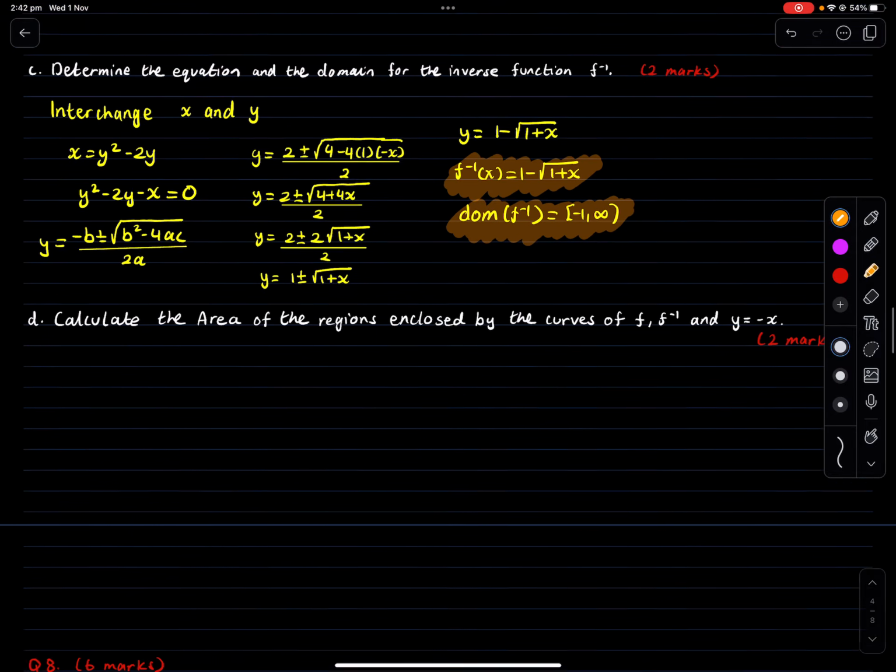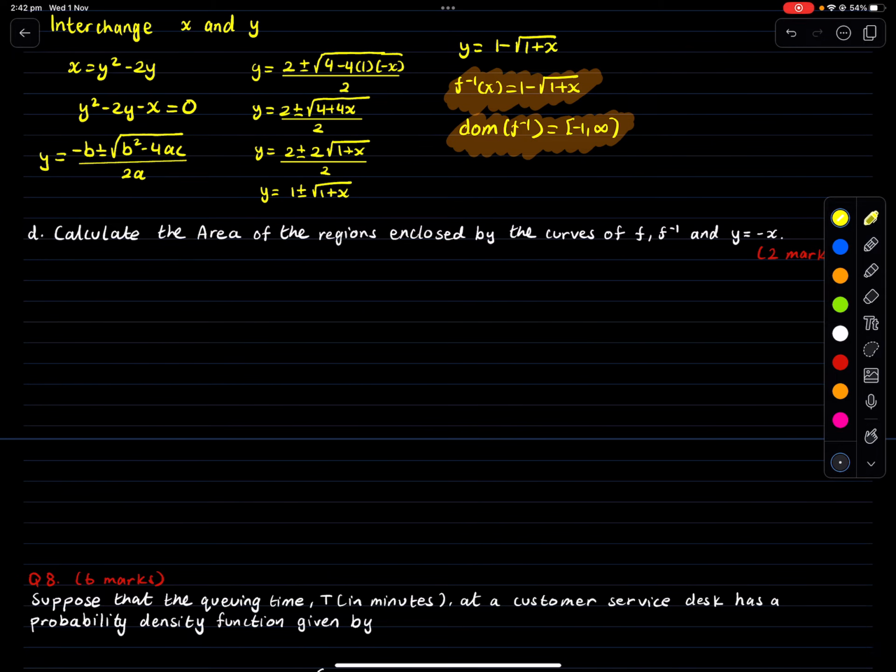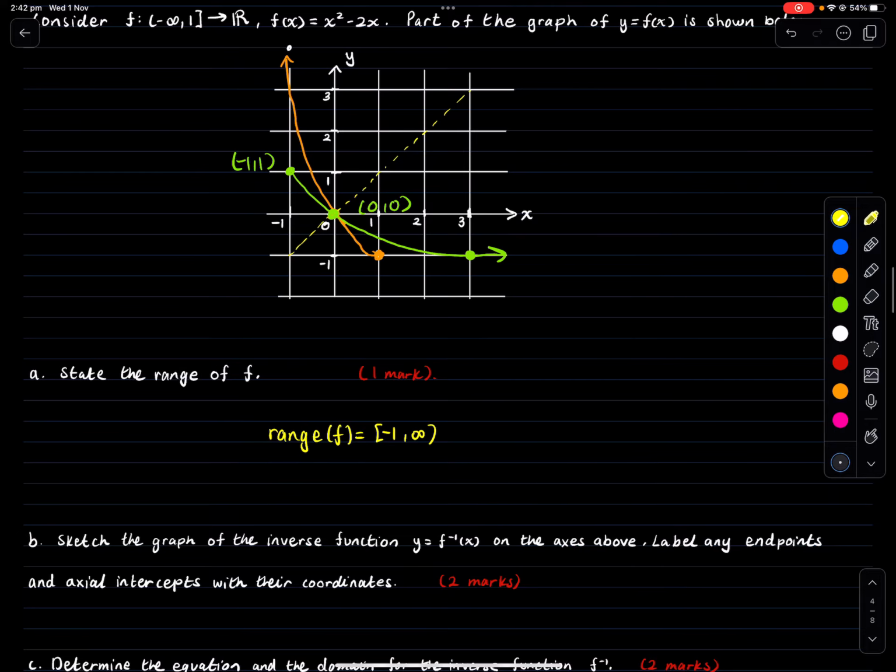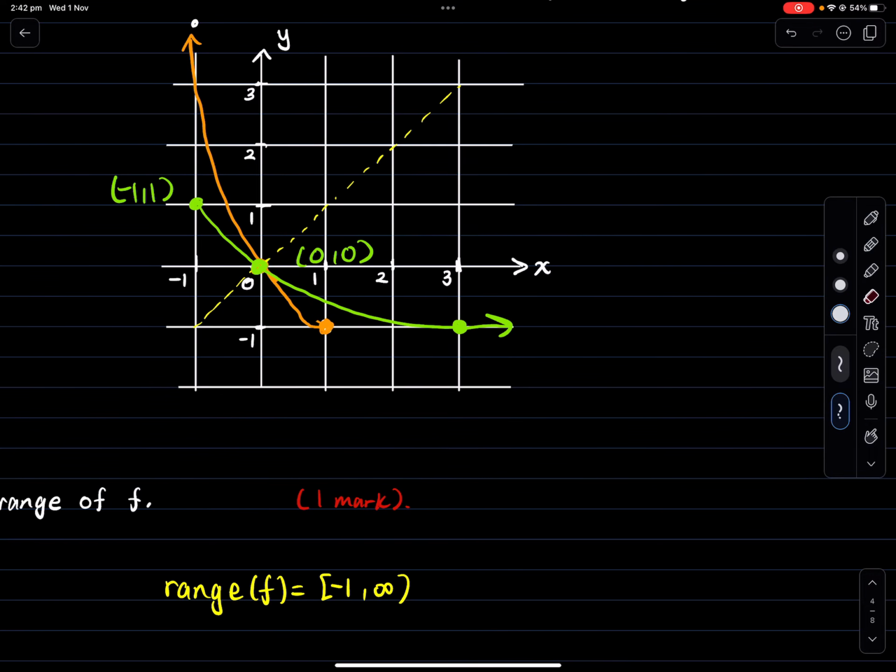Perfect. So calculate the area of the regions enclosed by the curve of f inverse and y equals negative x. If we draw y equals negative x, let me just rub this out here, I don't like this. We want to draw y equals negative x.